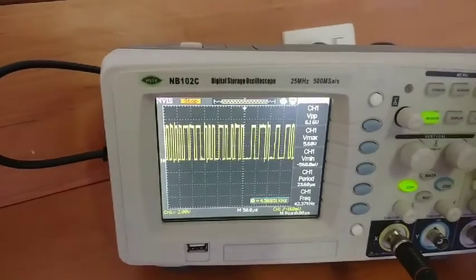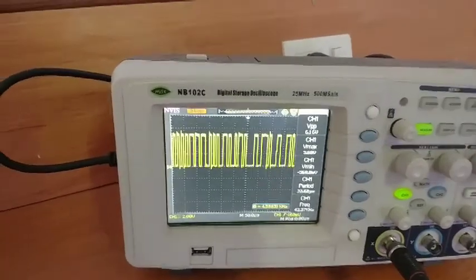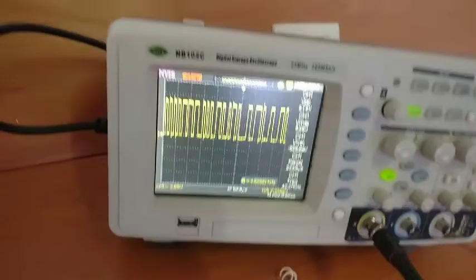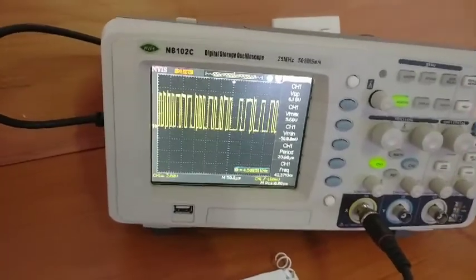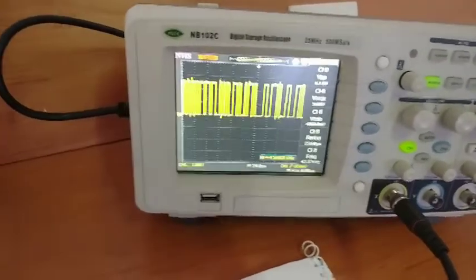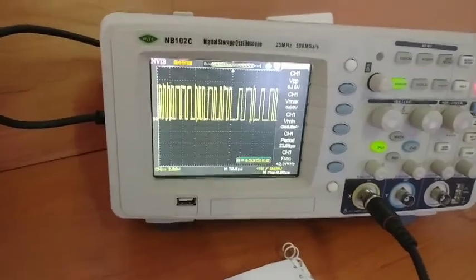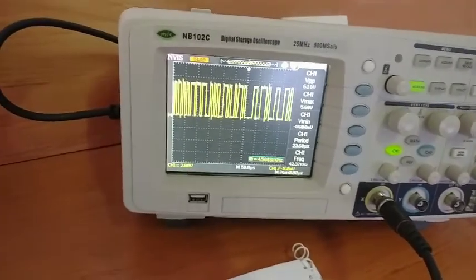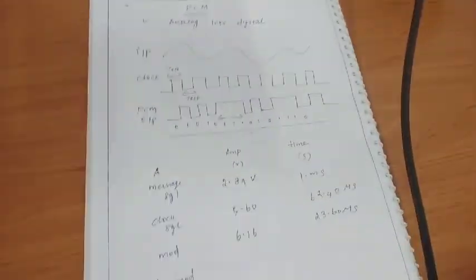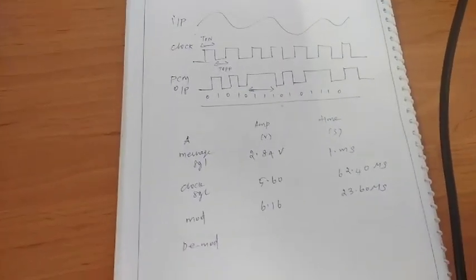Then you measure the signal strength value. At this PCM output, you have a value of 6.16 volts peak to peak, and a time period of 23.60 microseconds. So this is your actual modulated PCM output.